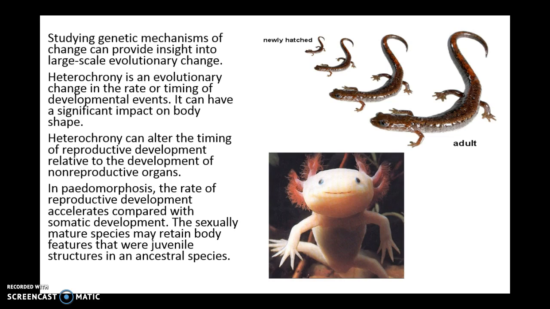Heterochrony is the evolutionary change in the rate or timing of developmental events that have an impact on body shape. So the first image is an example of heterochrony, where you have a salamander that is born with a tail. What happens with this particular species of salamander is it becomes reproductively active with the tail.